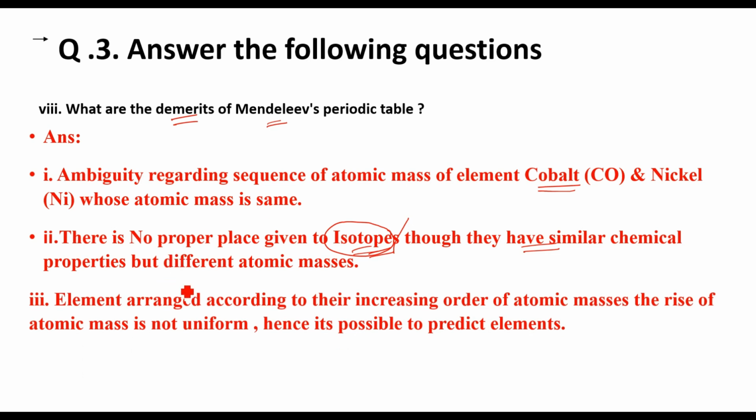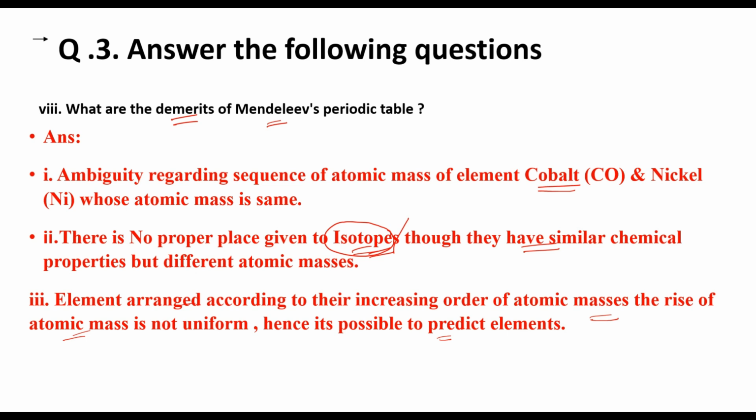Elements are arranged according to their increasing order of atomic masses. The rise of mass is not uniform, so it is not possible to predict the next element. That is the drawback of the Mendeleev periodic table.